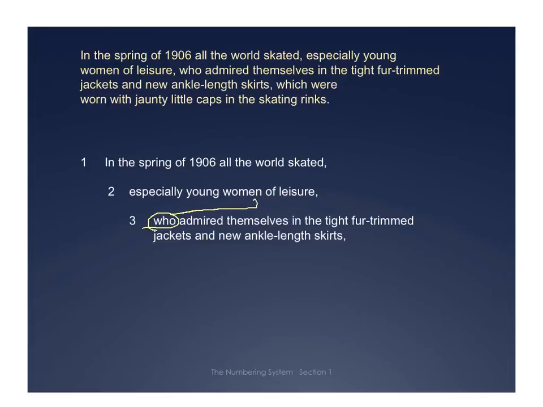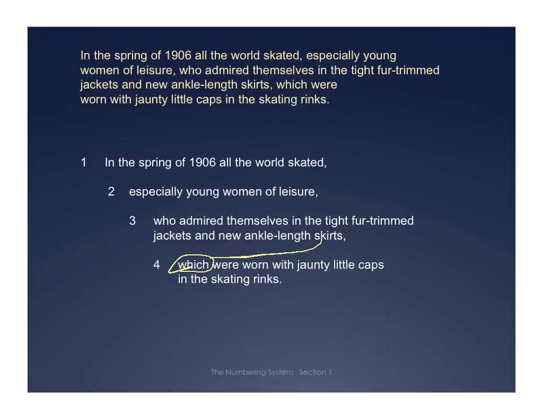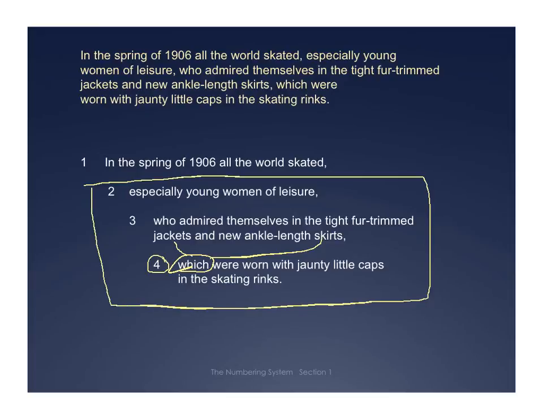And I think we can move in even closer, sort of like a zoom lens on the camera. Tell me about those jackets and skirts. Yes, they are jackets and skirts which were worn with jaunty little caps. So that's even more specific. It's a level 4. Now, we know about modification, about modifiers, but this kind of modifier has a special name. These are called free modifiers.